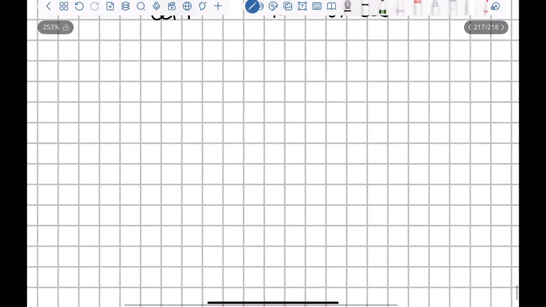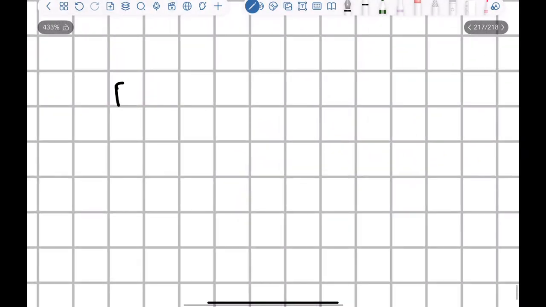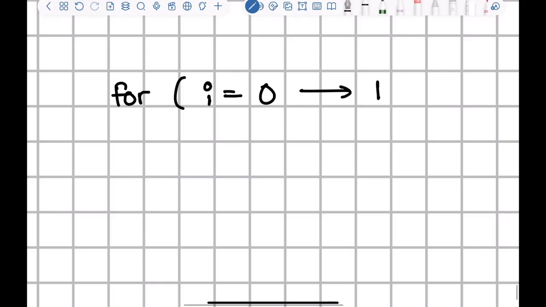So how will this look? This will look like: for i is equal to 0 to k, because we are doing it k times, then we store the first index, right?